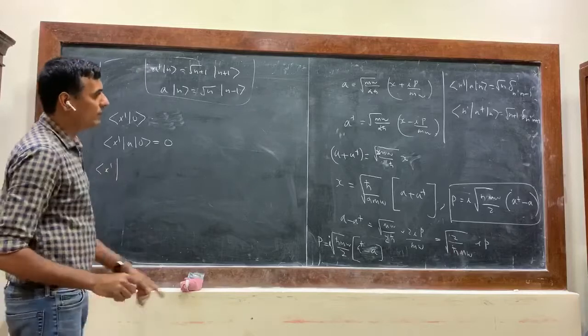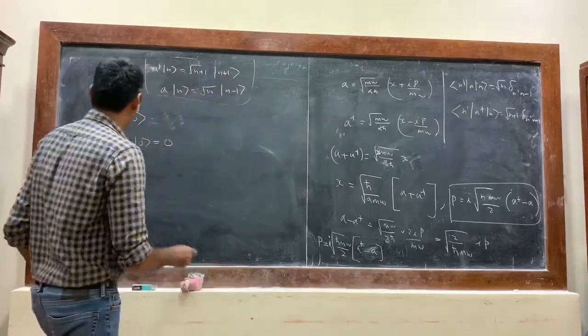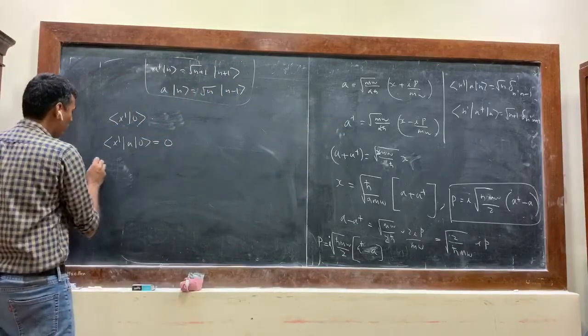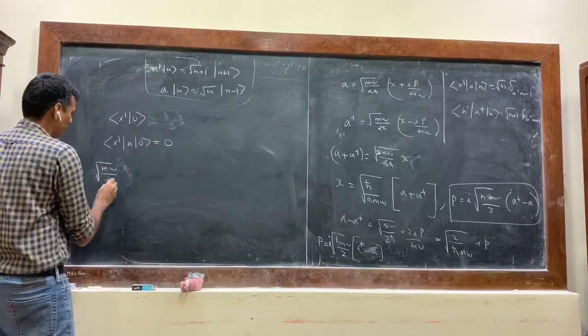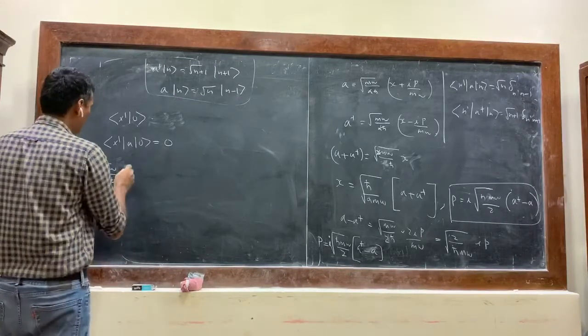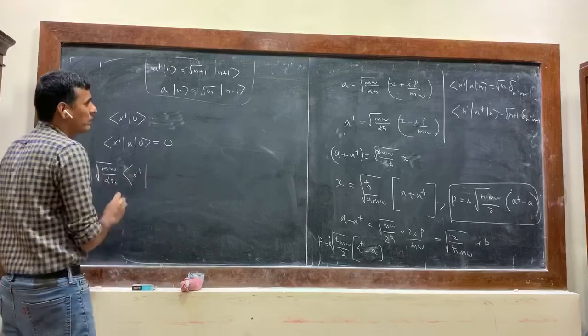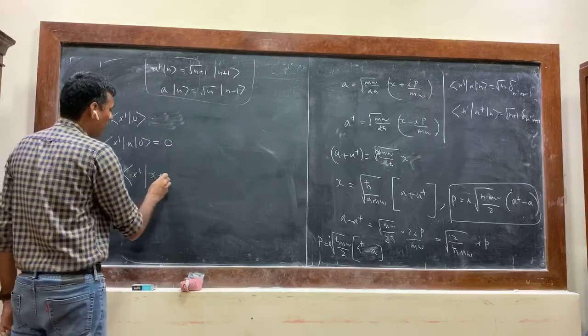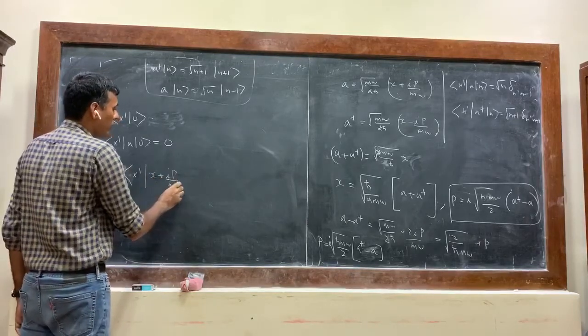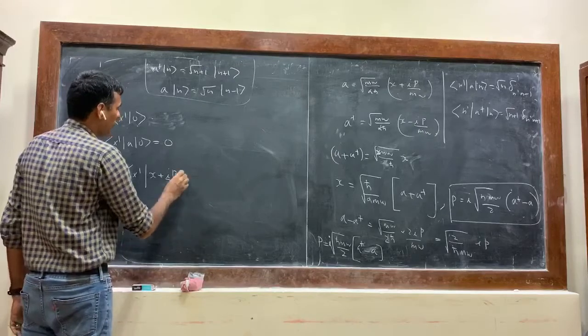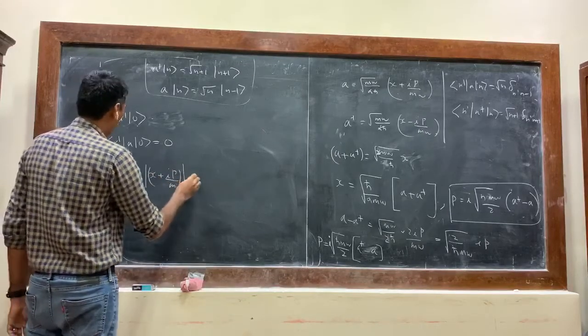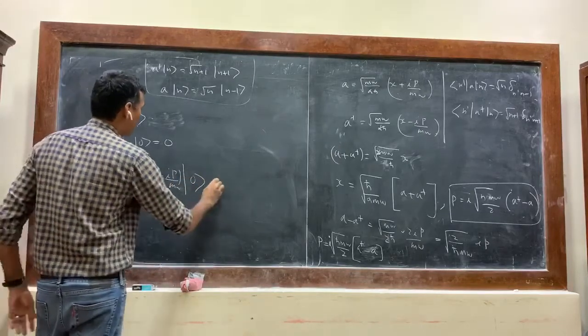What is A? A is square root of m omega divided by 2 h cut, times x plus ip divided by m omega, acting on 0, and this must be 0.